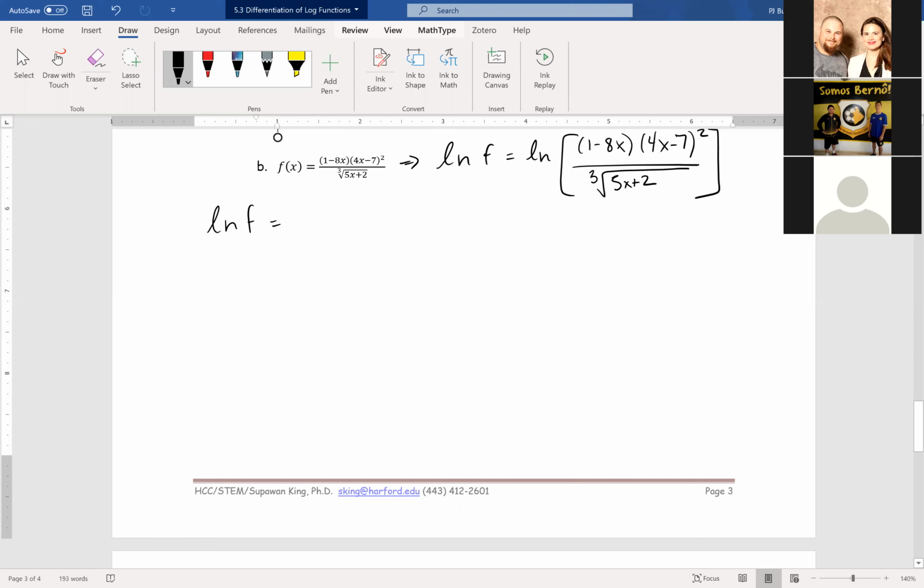So the top functions, I can make natural log of 1 minus 8x plus natural log of 4x minus 7 squared. And then finally minus natural log of the cubed root of 5x plus 2.